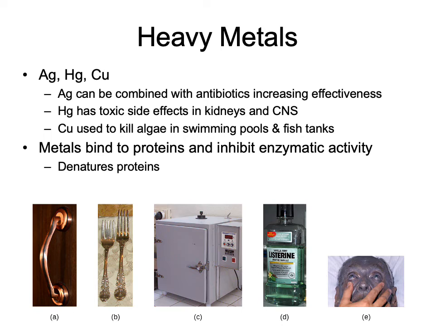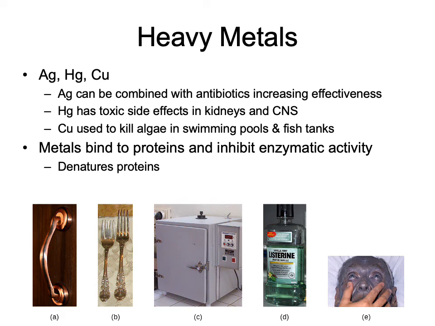Heavy metals can also be used to control microbial growth. Silver can be combined with antibiotics to increase the effectiveness of antibiotics. Mercury has been used previously, but it has very serious toxic side effects in the kidneys and in the central nervous system.